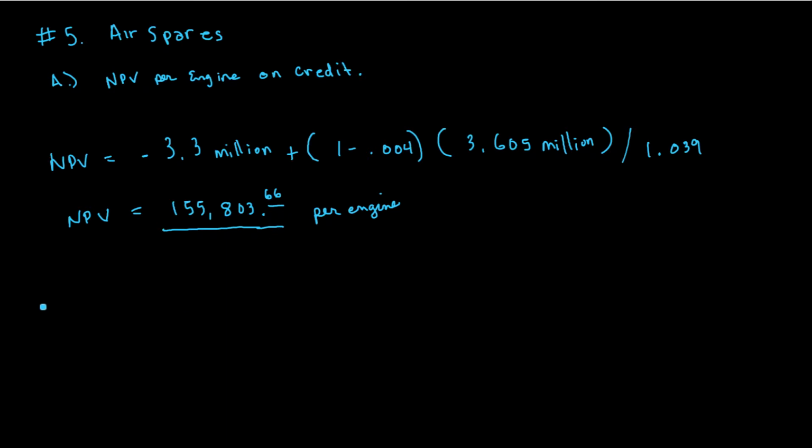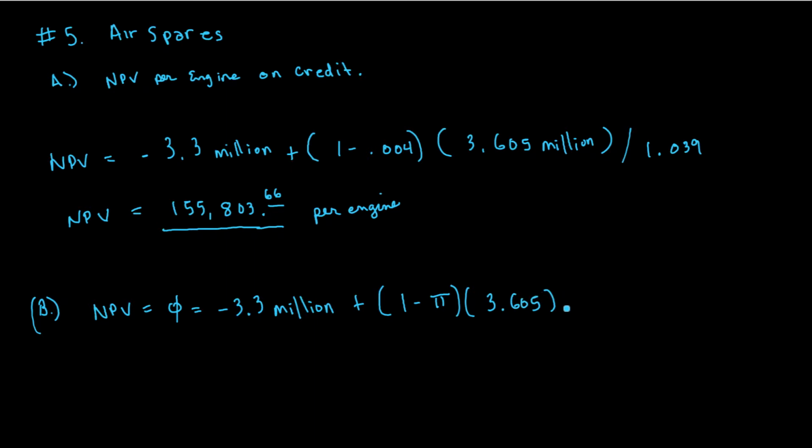So for part B, what we need to do then is say NPV equals 0 equals, and then we add in our negative 3.3 million, which is our outlay, plus 1 minus pi, times our cash inflow, which is 3.605 million, divided by 1.039.